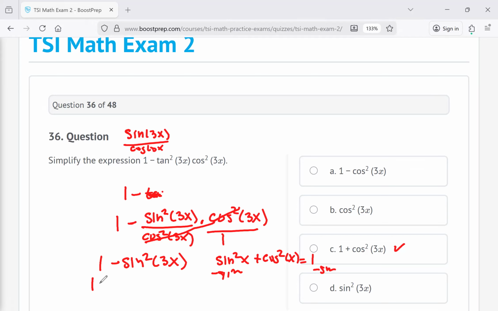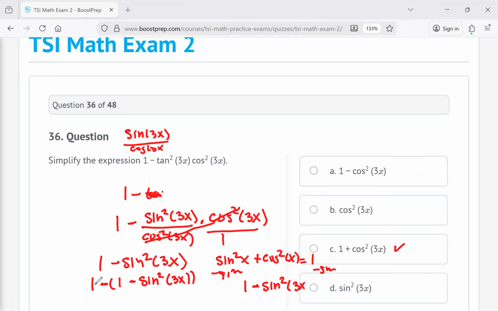So you're going to replace this with 1 minus sine squared 3x.